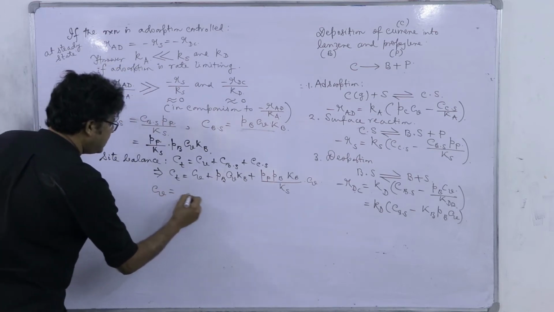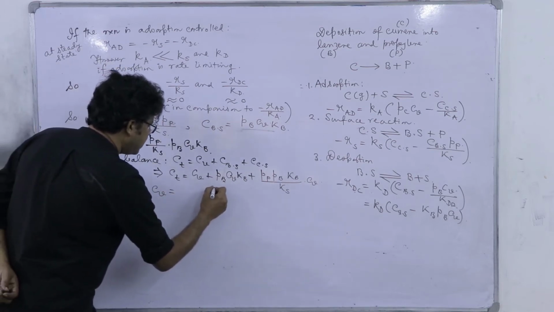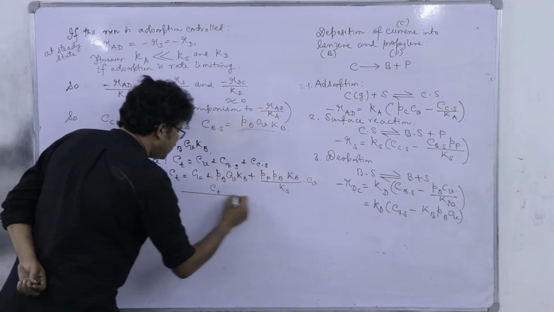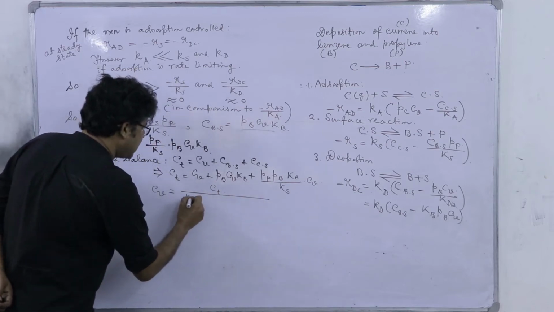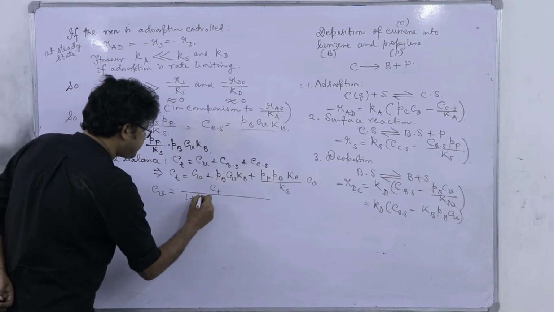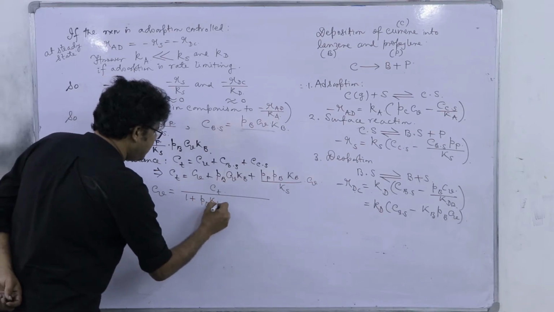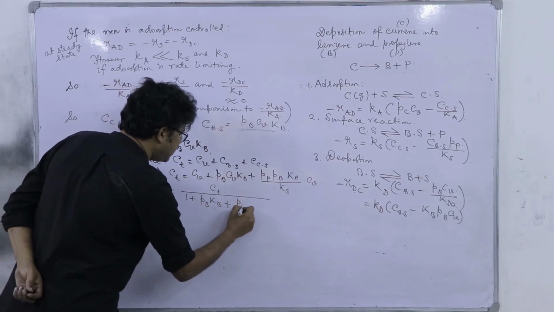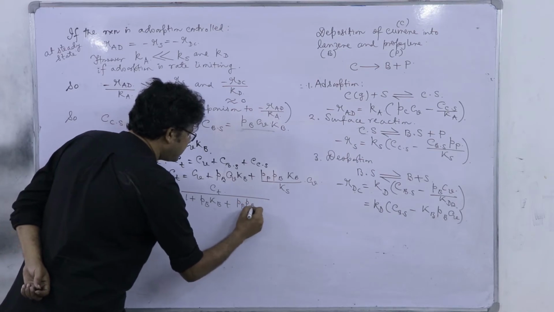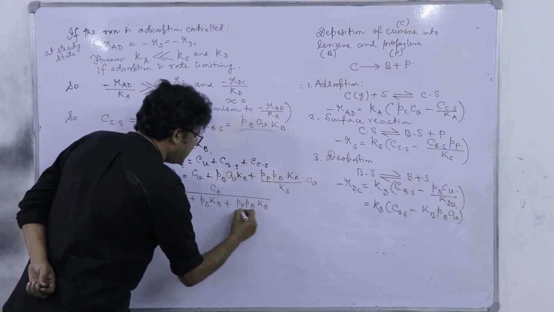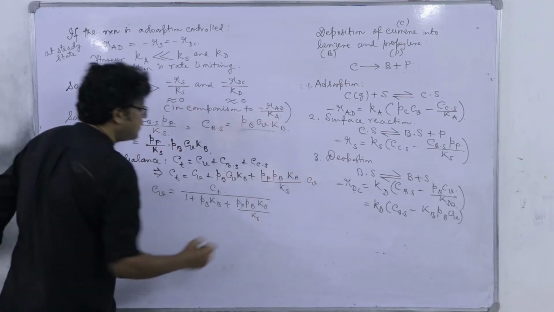So, Cv can be expressed as Ct by 1 plus Pb Kb plus Pp Pb Kb by Ks.